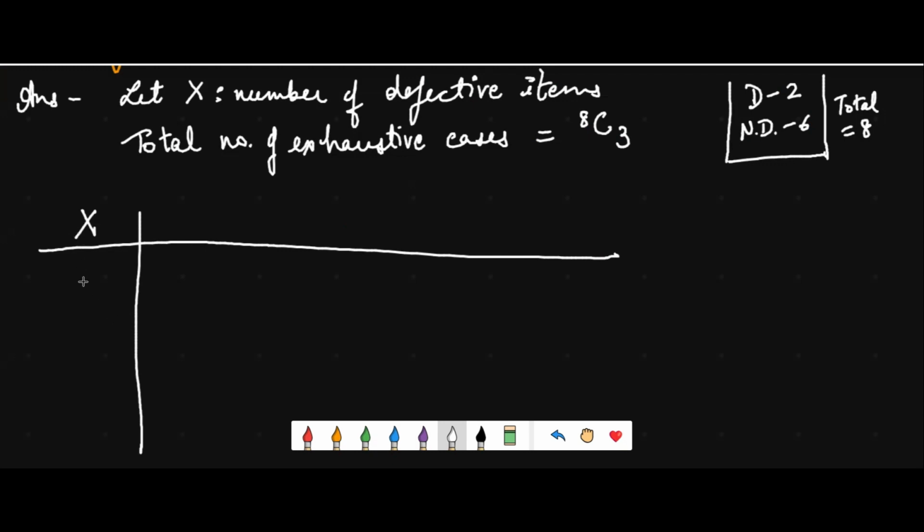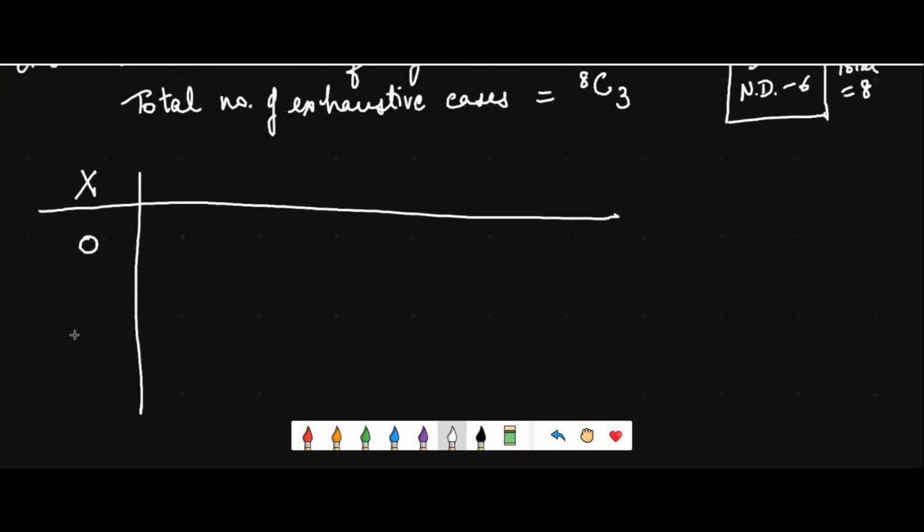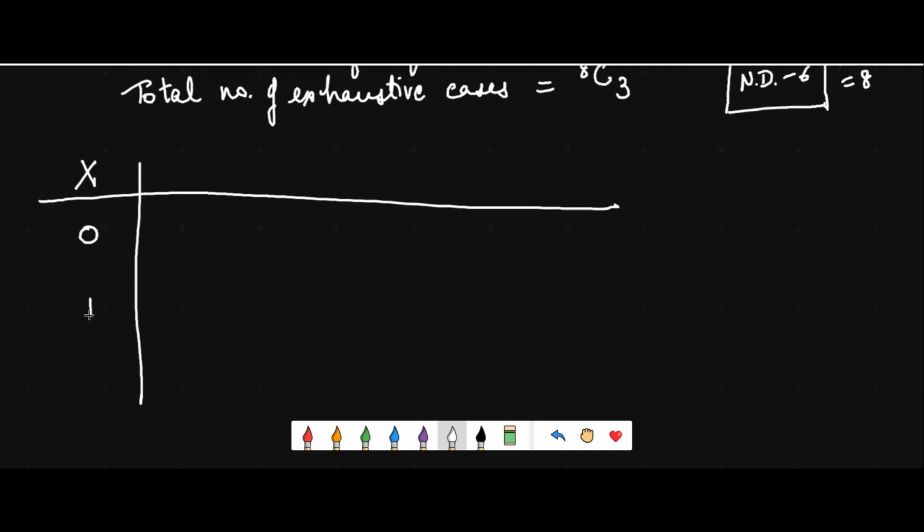So either the defective items could be 0, or 1, or 2. It could not be more than 2. It could not be 3 because there are total in the bag 2 defective items only. So we'll take this as X1, X2, and X3. So we need to find out P of X at all the respective Xi's.